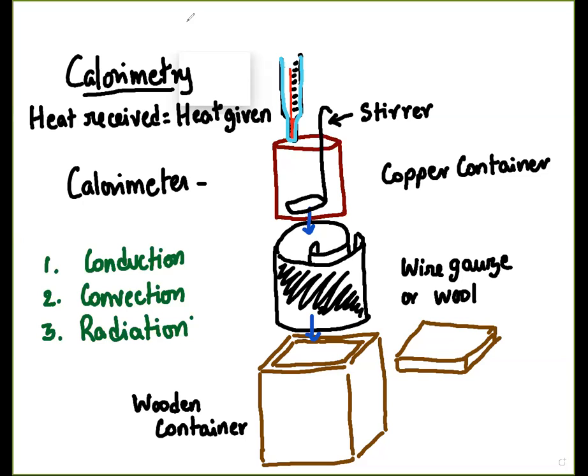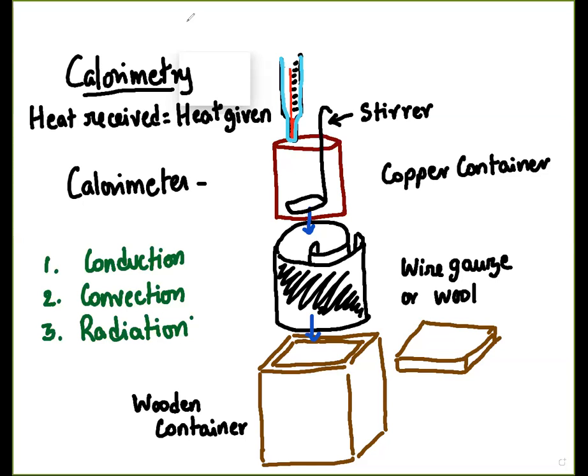Now, in the experiment to find out the amount of heat energy given by a burning P, I had said that one of the problems in conducting that experiment is that heat is going to be lost by the water inside the test tube to the surroundings.